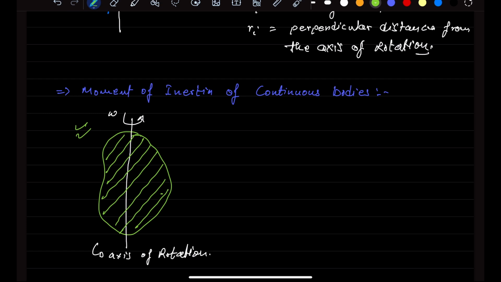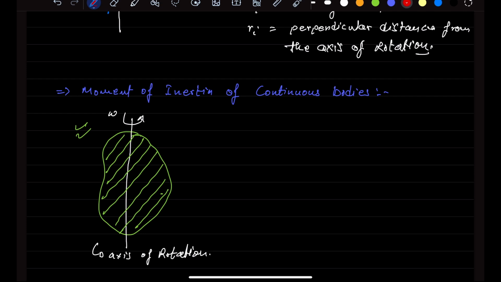Okay, so now we are going to calculate it. Now again, just think, this is a continuous body. How do we construct a continuous body? Yes, in the continuous body there will be small elemental masses or point masses, isn't it?